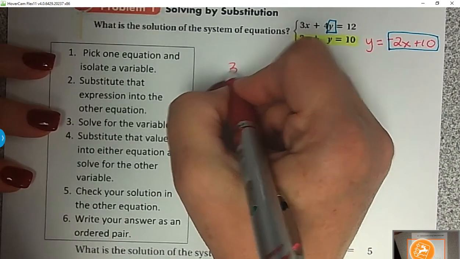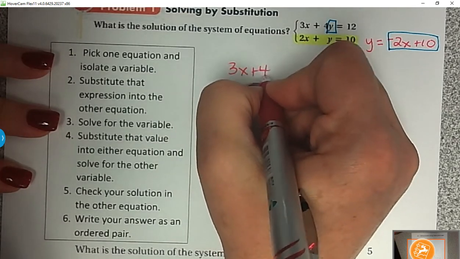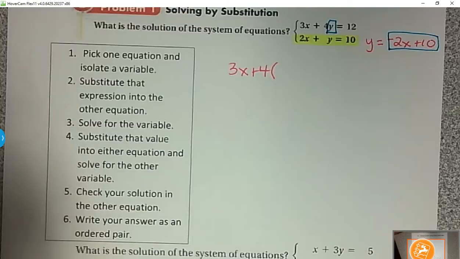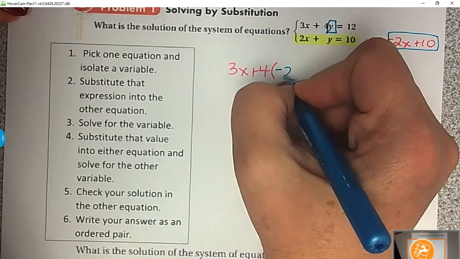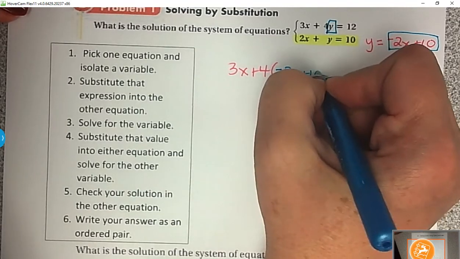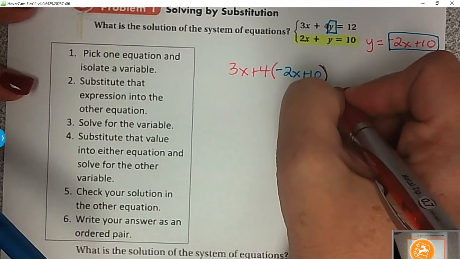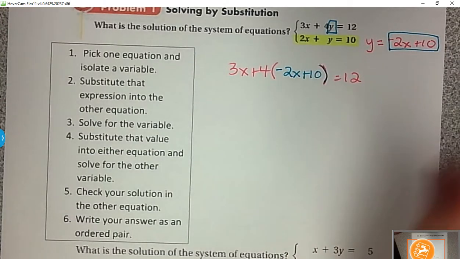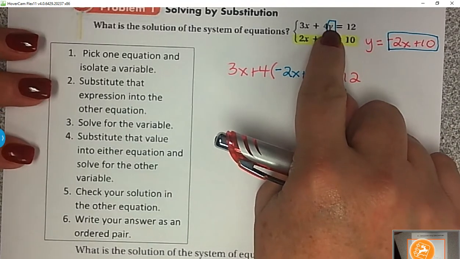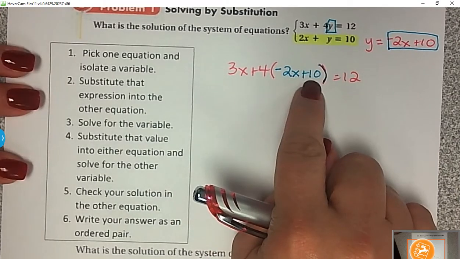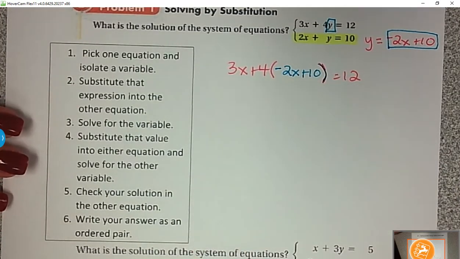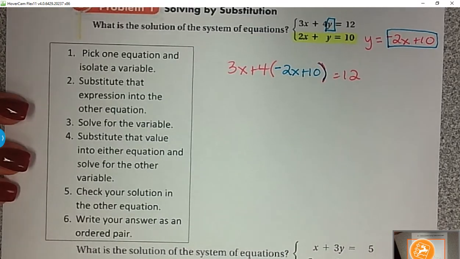So I've got 3x plus 4 times my negative 2x plus 10 is equal to 12. Notice I just took out this y and put this instead. Now I've got an equation that only has one variable, so I should be able to solve for x.